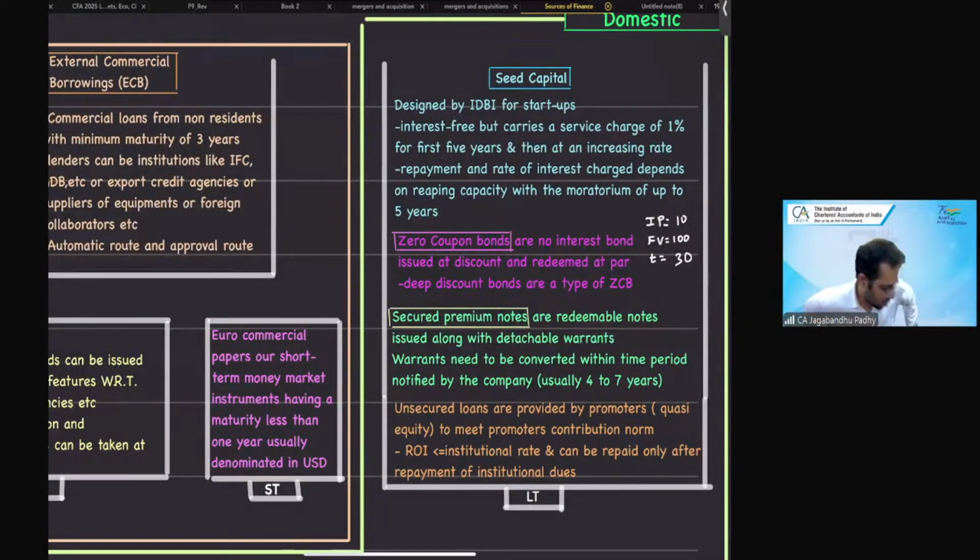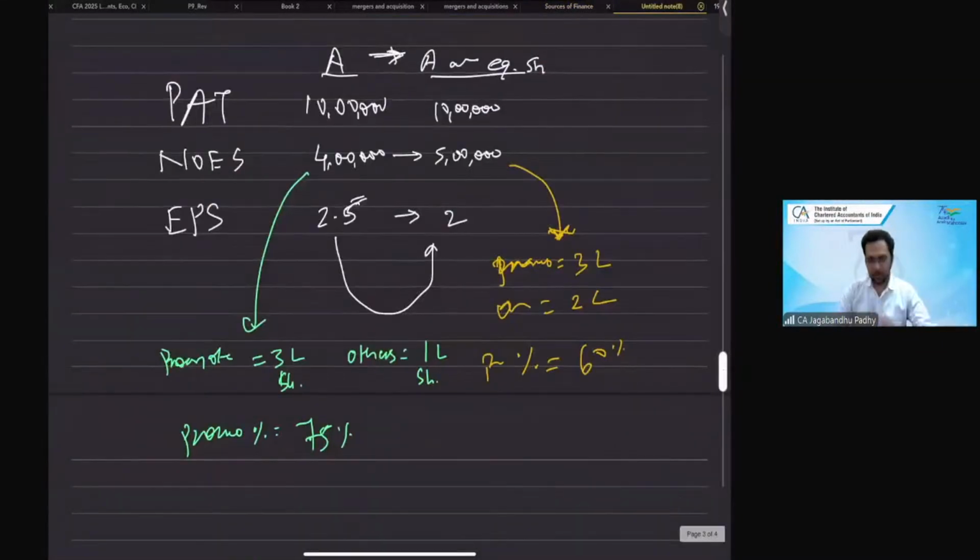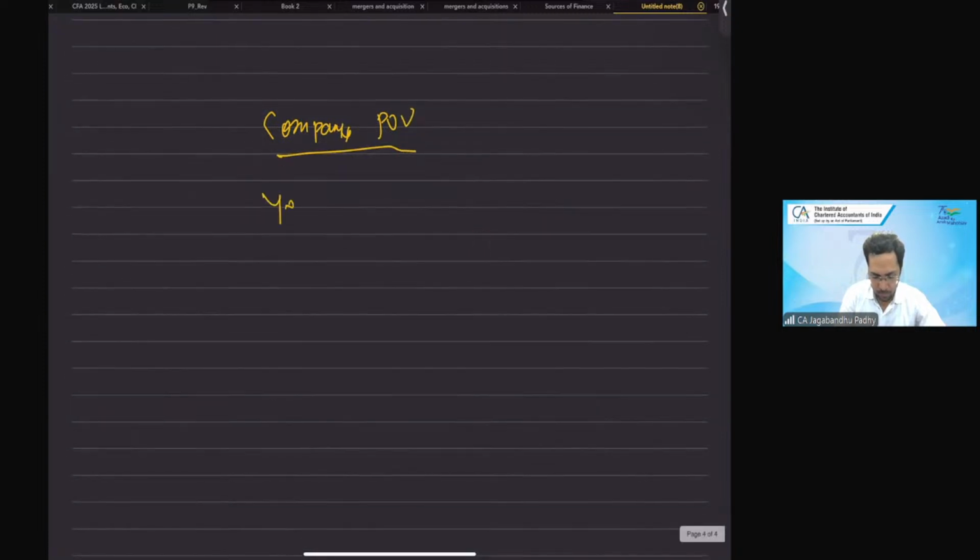It's a loan, right? Now, suppose a bond is issued. If I buy a bond, or let's say a company raises a bond, we are talking from the company's point of view, year and cash flow. In year zero, the company will receive, let's say, 1,000 rupees from issuing the bond.